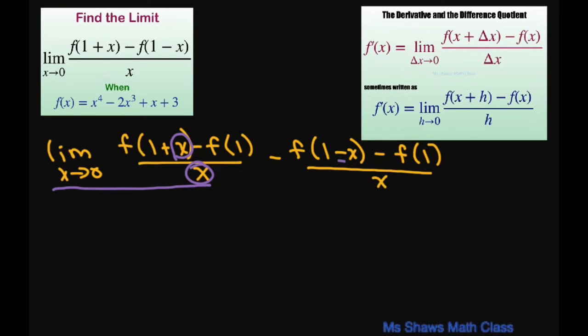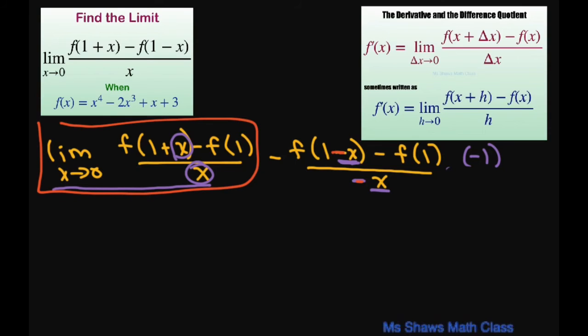This one, it's not matched up because we have a negative x here and we have a positive x here. So what I'm going to do is multiply the numerator by negative 1 and also the denominator. If I multiply the denominator by negative 1, I'm going to get negative x. But that means I have to multiply the numerator by negative 1. So from there, it matches up. I have a negative x here and I have a negative x here. So this right here equals f prime of x.